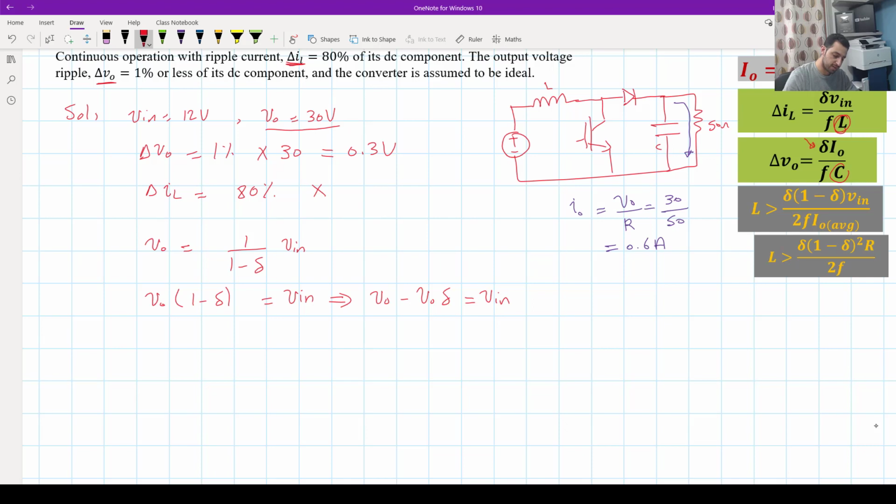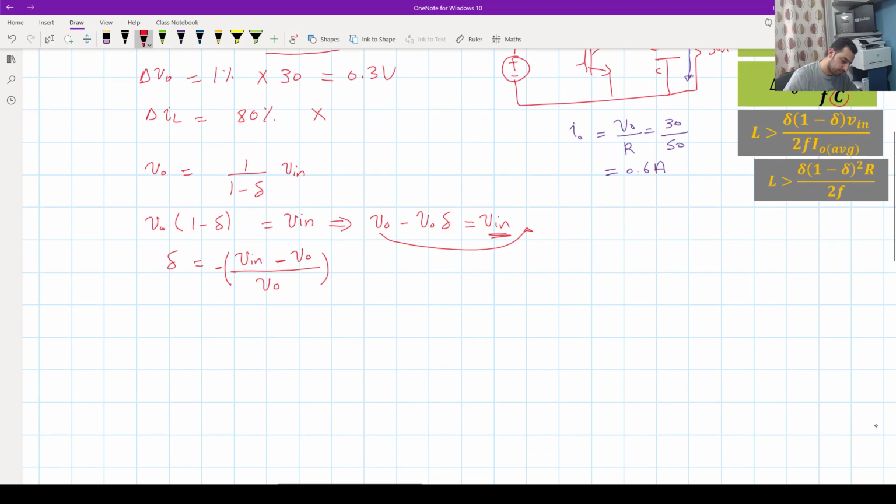I will go step by step just to get the value of delta, and that means delta will equal V input, which I transfer to the other side, minus V output, and we divide it by V output, and that's all under the negative. That means delta finally will equal V output minus V input divided by V output.